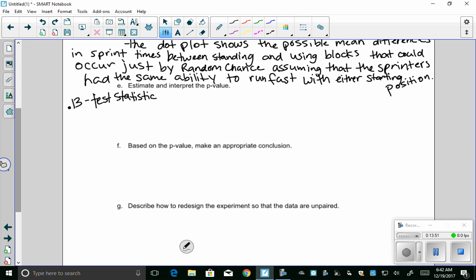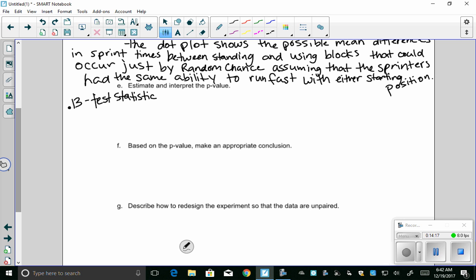If you go to 0.13 on your dot plot, you're going to count how many points are there or above.